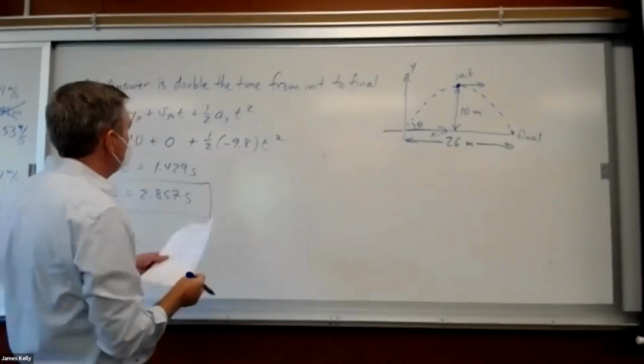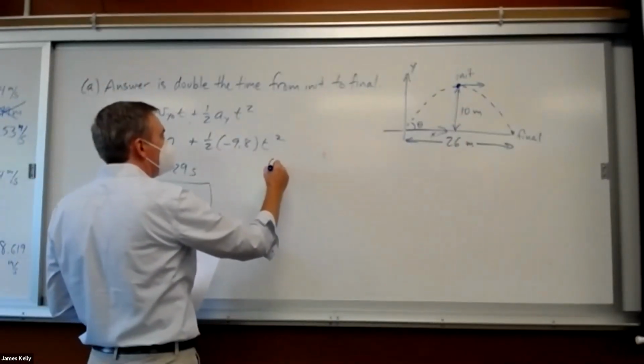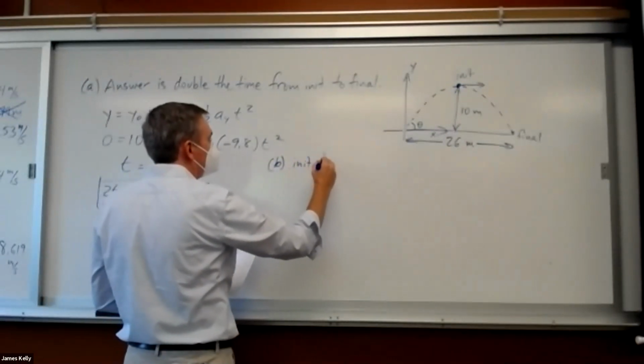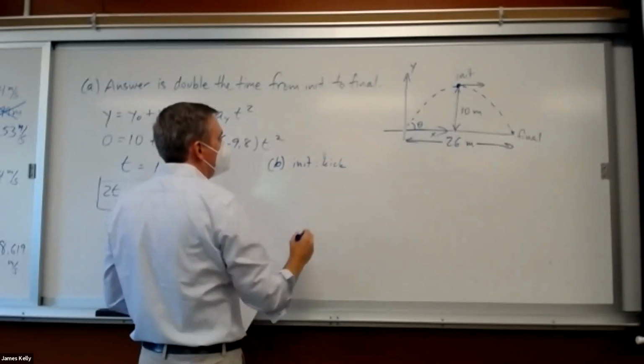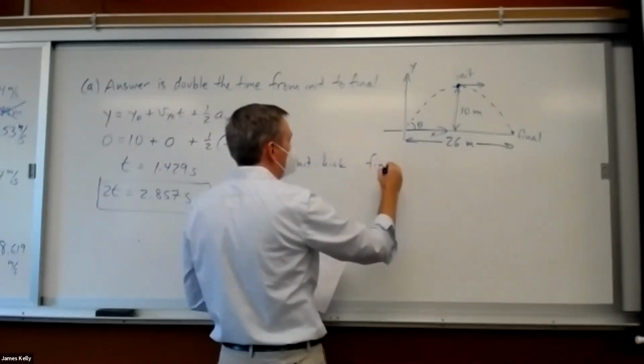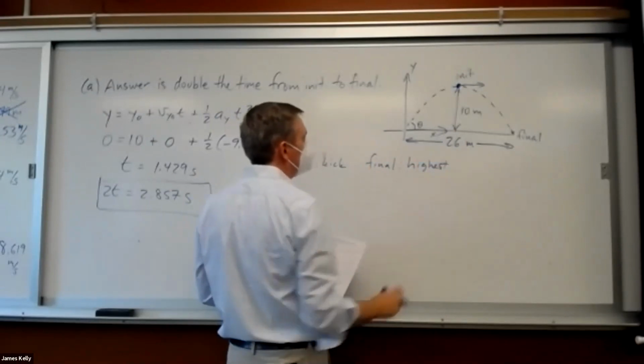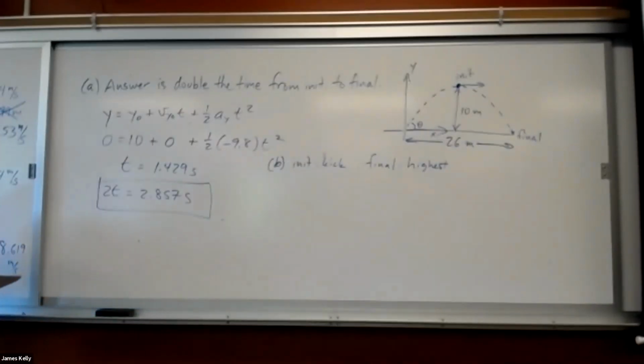In part B, I chose my initial to be the kick and my final to be the highest point. Just to be clear about that. Okay. And we would like to know at what angle above the horizontal it is kicked.